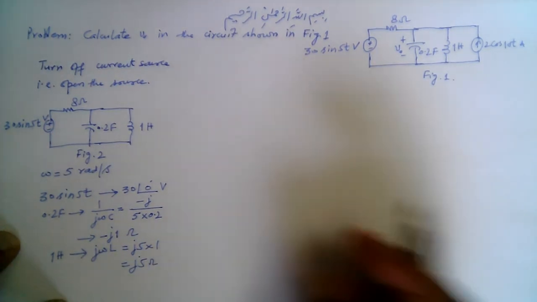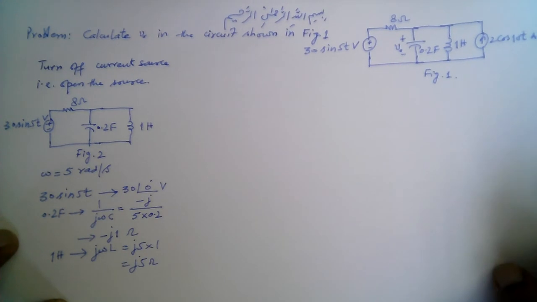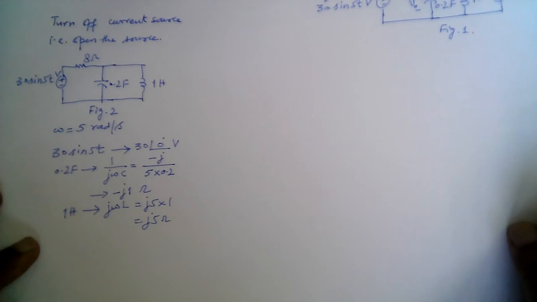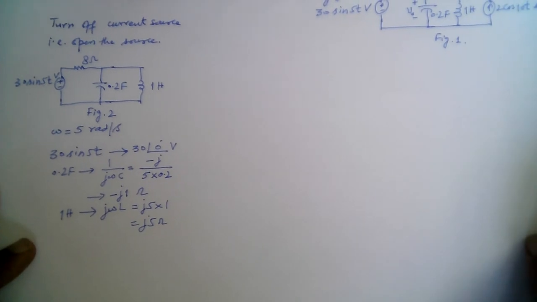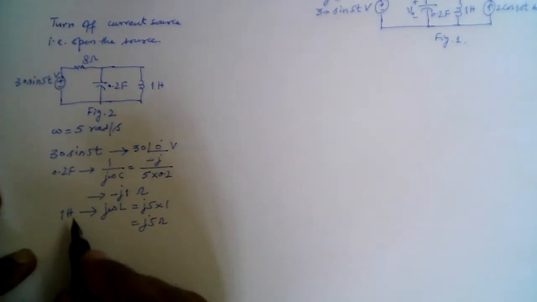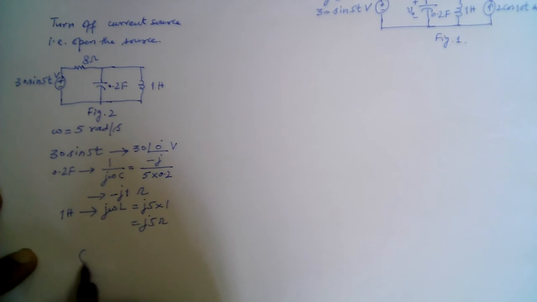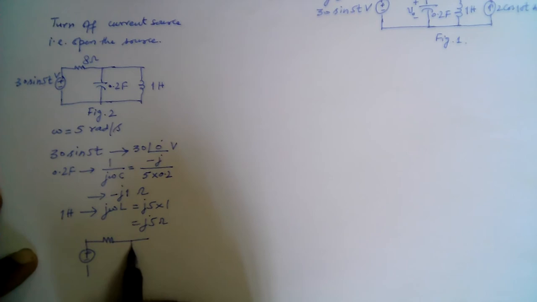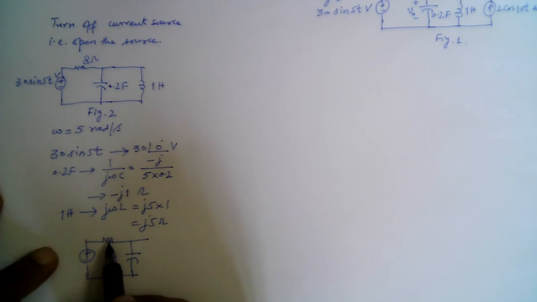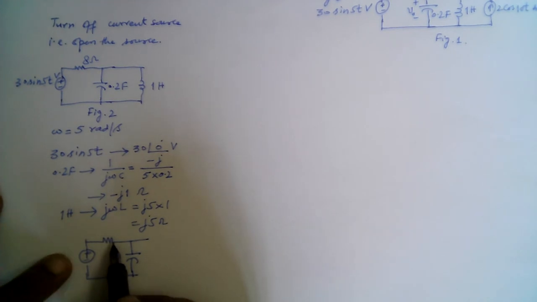Let us now redraw this circuit again in the phasor domain. This 8 ohm resistance is unaffected whether it is in the time domain or in the phasor domain because the resistance is insensitive to frequency.